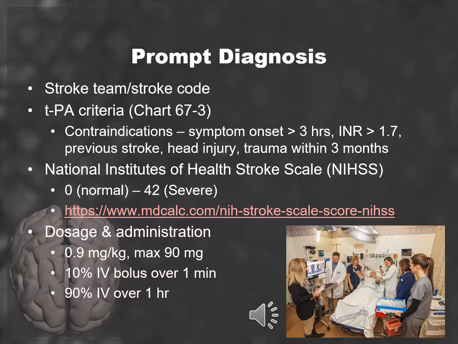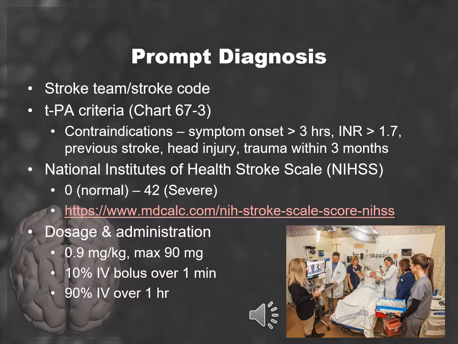So no matter what, if they go over that 90 milligrams based on their weight, 90 milligrams is the most that we will give. Once they've determined how much to give, they'll give 10% of that via IV bolus over 1 minute, and then the rest of it will be given IV over 1 hour.